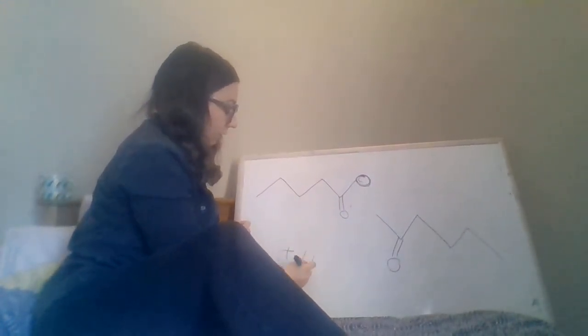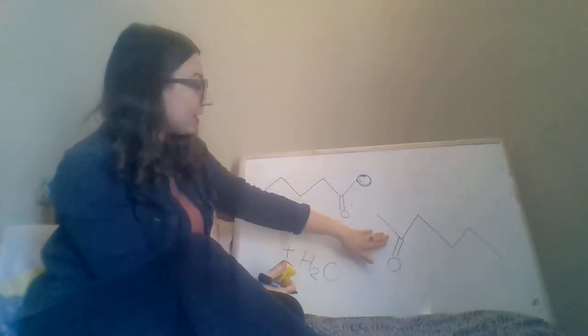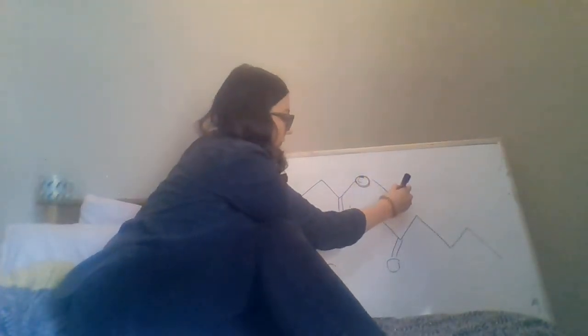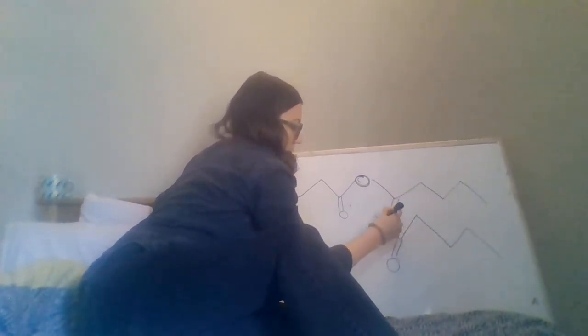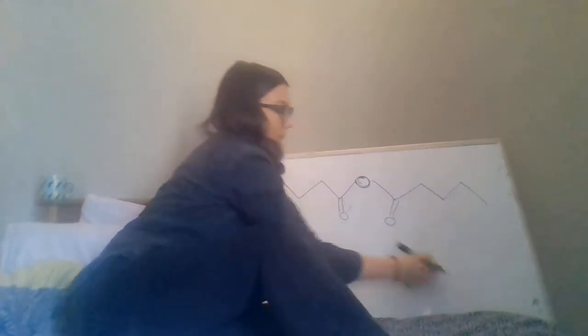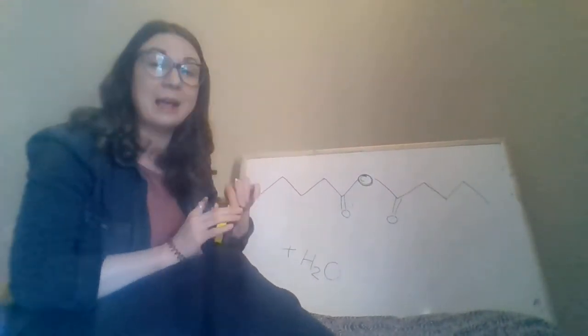So we're going to get a water molecule coming away. This is going to join up here. Okay, and what we end up with is called an acid anhydride.